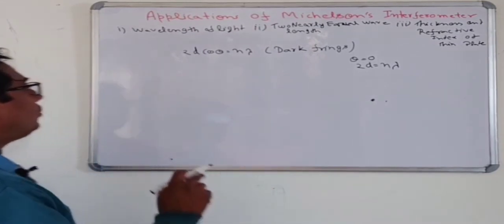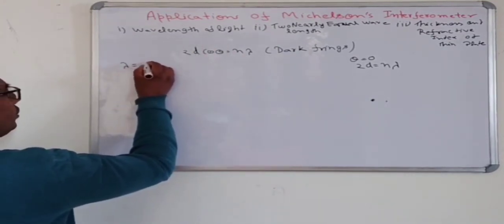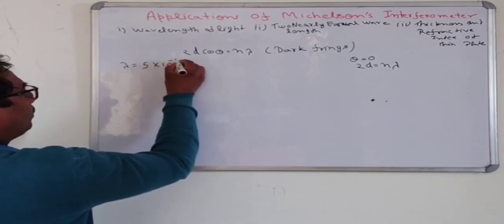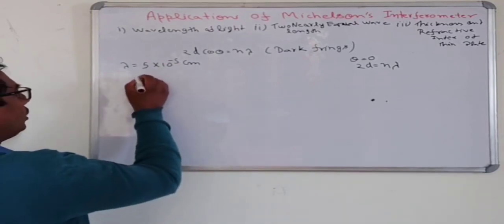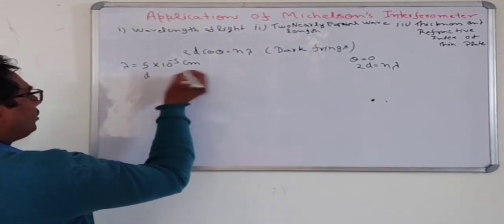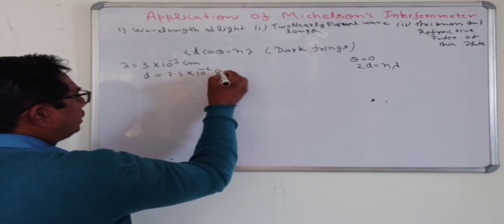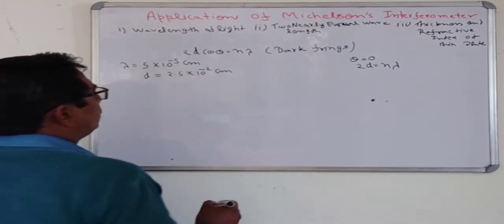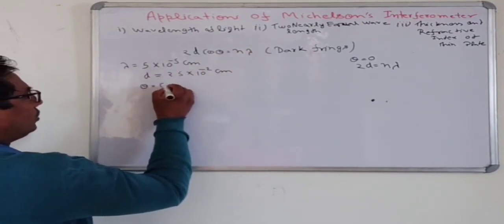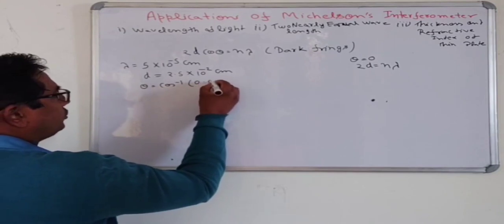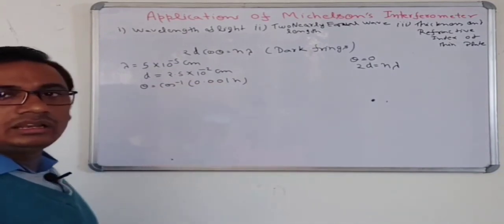Now, suppose we have a wavelength of 5 into 10 to the power minus 5 centimeter, and suppose I have given the value of d as 2.5 into 10 to the power minus 2 centimeter. Now you can see that the value of theta is equal to cos inverse 0.001 n, where n is the order of the fringes.